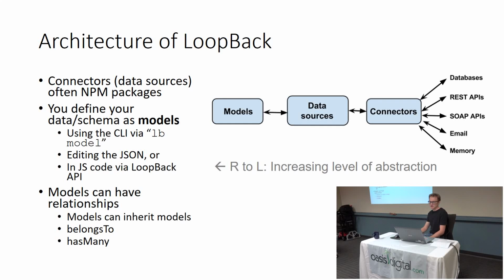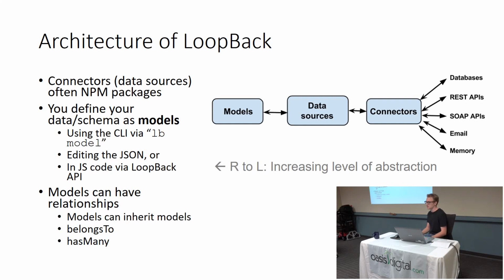And then I'd like to touch a little bit on the architecture of Loopback. In Loopback terminology, there's the concept of a model and the concept of a connector. A model is similar to what you'd have in data science, where you have, in the computer, your representation of what you're trying to store in your database or whatever your backing storage is.